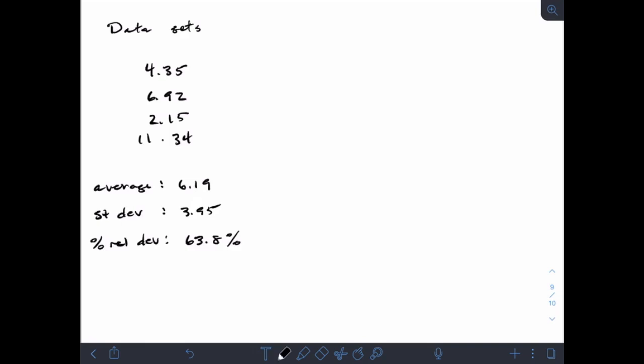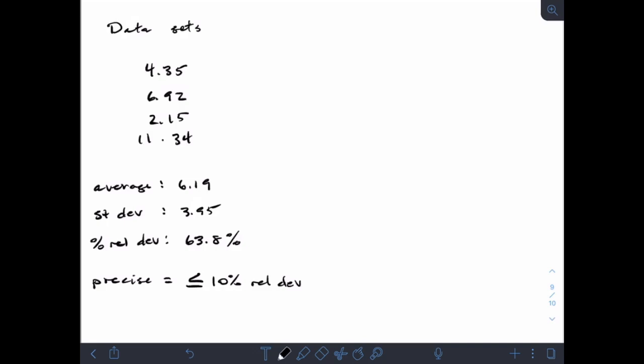Now, in order for this data to be precise, we want to be less than or equal to 10% relative deviation. Okay, 10% or under is our cutoff for being able to say that our data is precise. All right, so in this case, with a 63% relative deviation, this data is not precise.